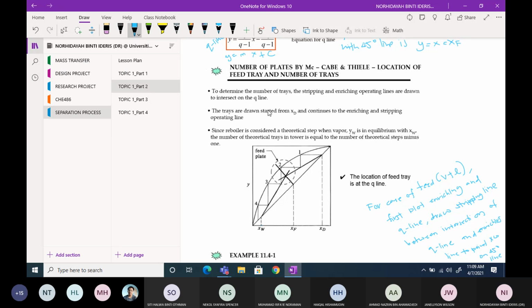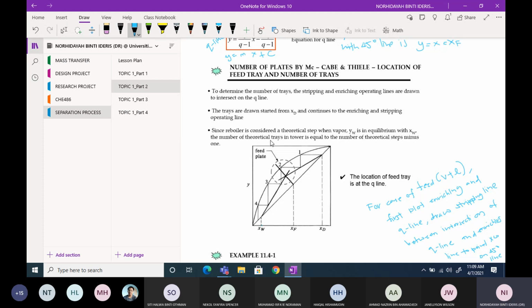Just now we have discussed developing three important equations, so that we can obtain three lines in order to solve a problem in calculating the number of stages required in a distillation column.